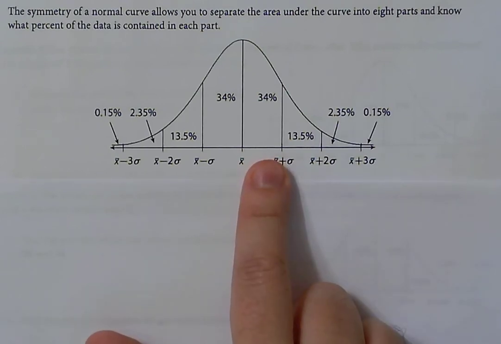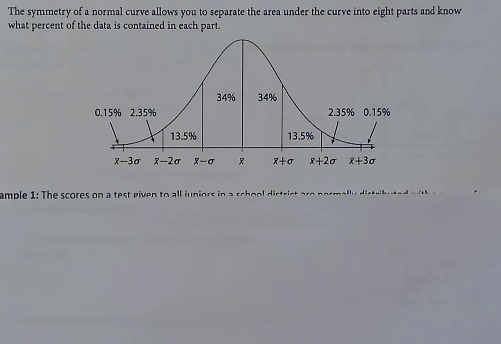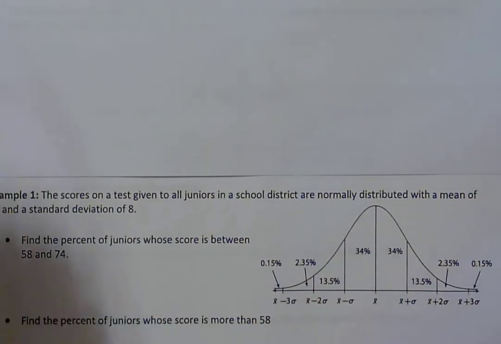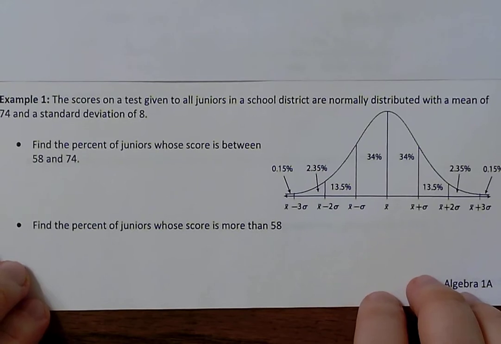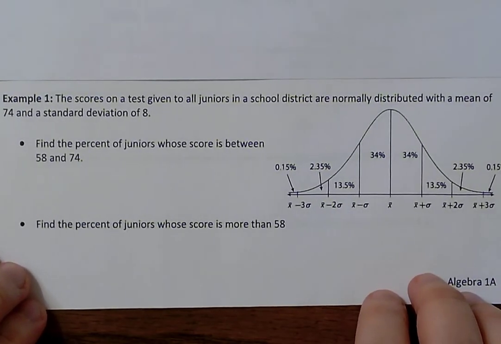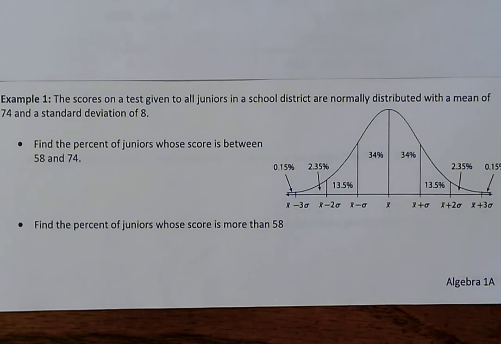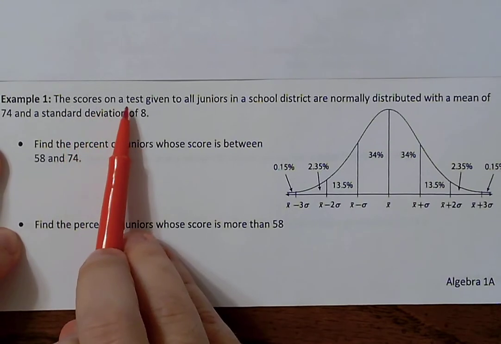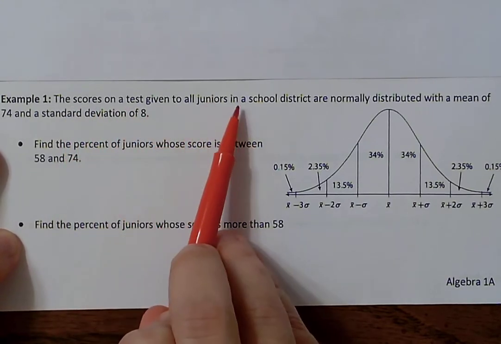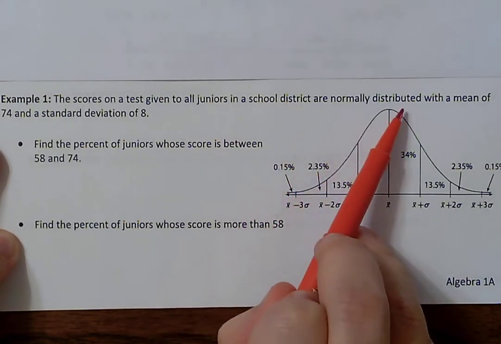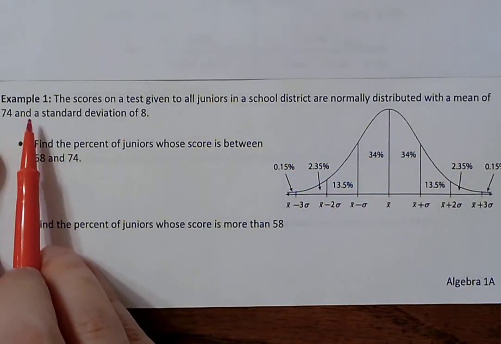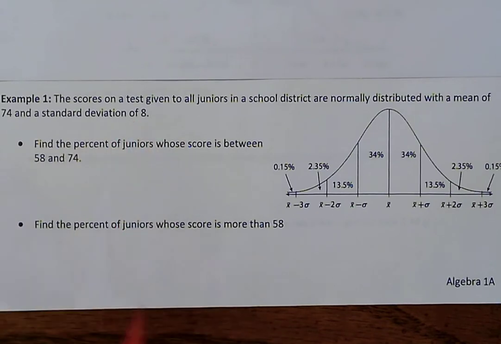This is going to be extremely helpful, and I'm going to show you how helpful that is with example 1. So I'm going to slide this on up, and we're going to take a look at example 1 for today. Example 1 states that the scores on a test given to all juniors in a school district are normally distributed with a mean of 74 and a standard deviation of 8. Each problem is going to give you a mean and then a standard deviation for that setup.